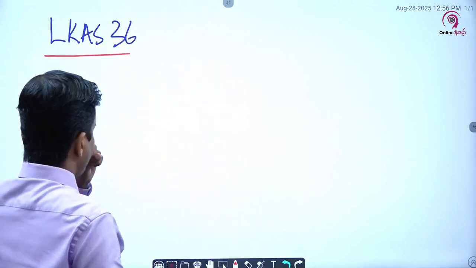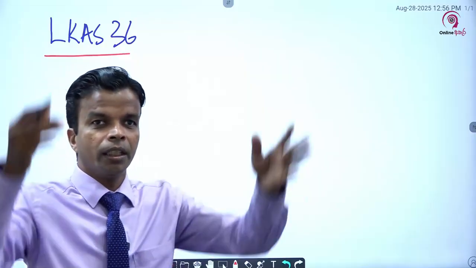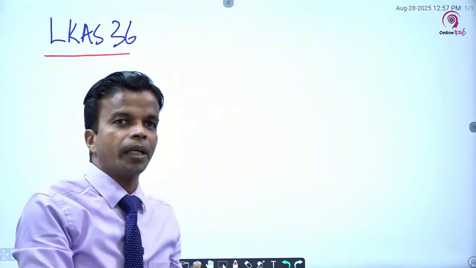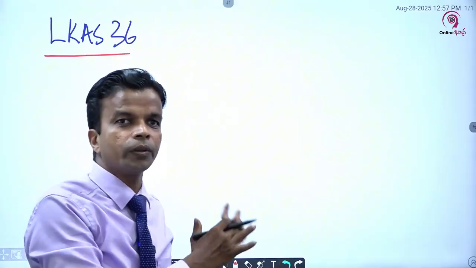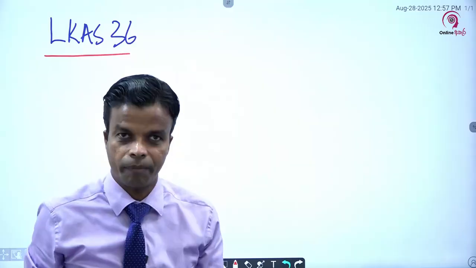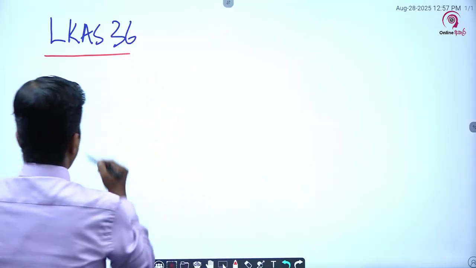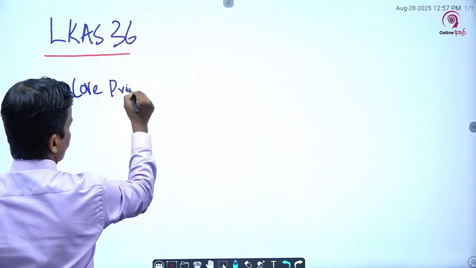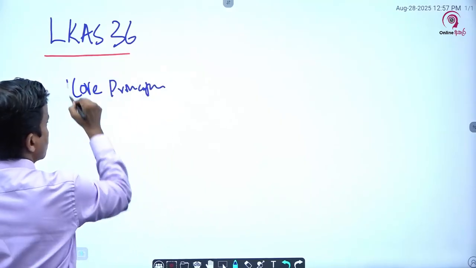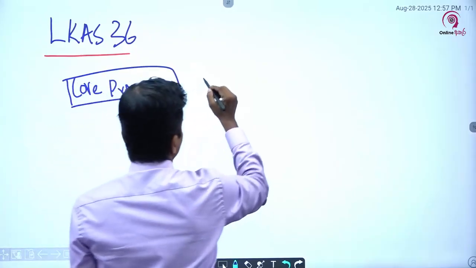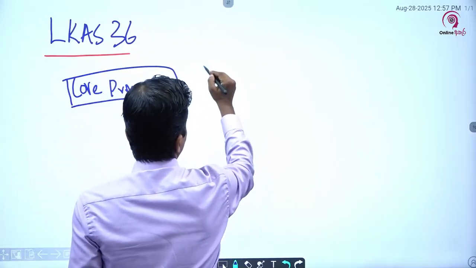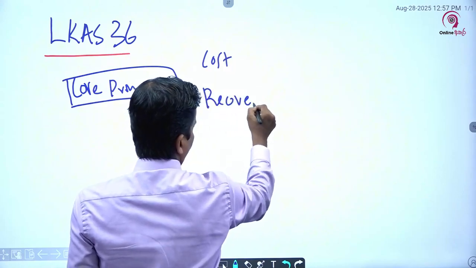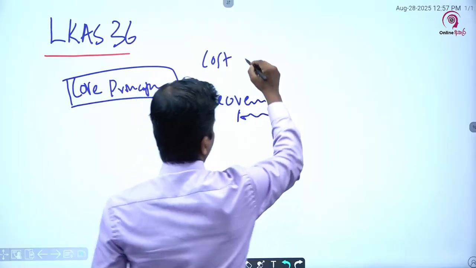Okay. Firstly, we know impairment means if the value goes down, recognize that reduction in value as an impairment loss. That is why the impairment standard comes in, right? So the core principle in impairment is you compare your cost with recoverable amount, right?